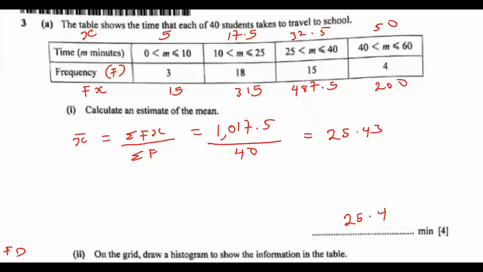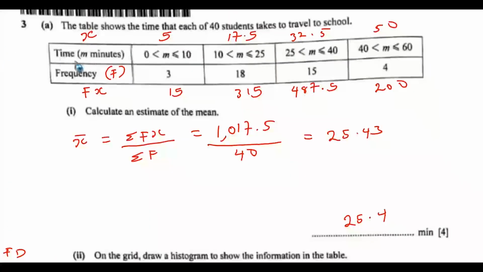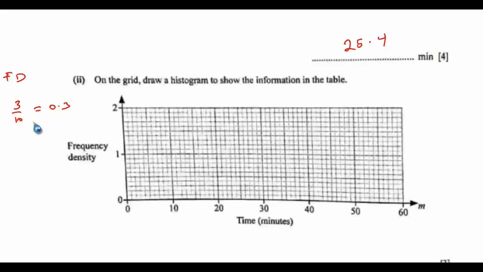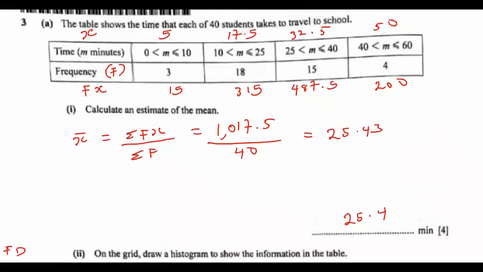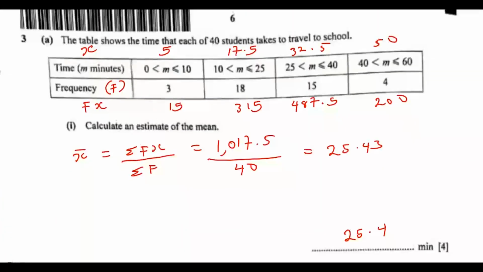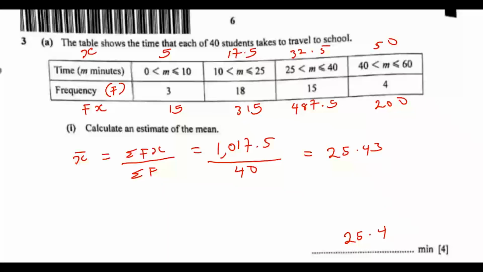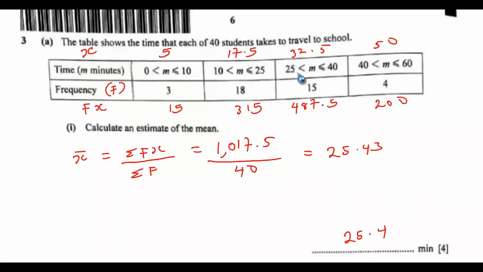For the second one it will be 15 divided by 25 minus 10, which gives 15, so 15 divided by 15... sorry, 18 divided by 15, which equals 1.2. The next frequency density will be 15 divided by 40 minus 25, that is 15, the class size.